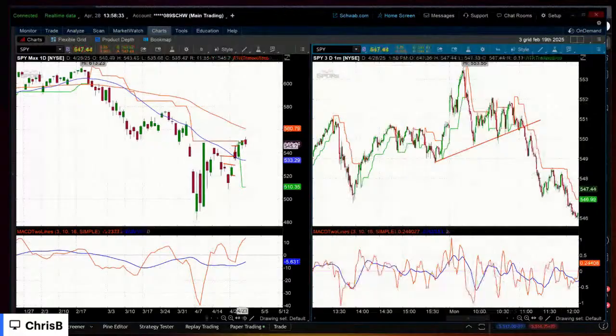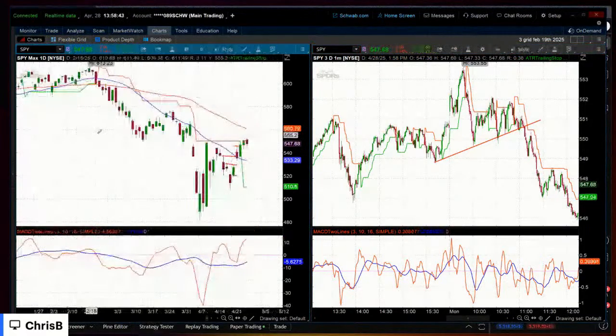So if you say overbought, but you might say, but it's over the ATR trailing stop. Well, that's another thing. On a daily chart, I don't use the ATR trailing stop as much. I use the 50. I use the 50 to determine if it's an uptrend or a downtrend.